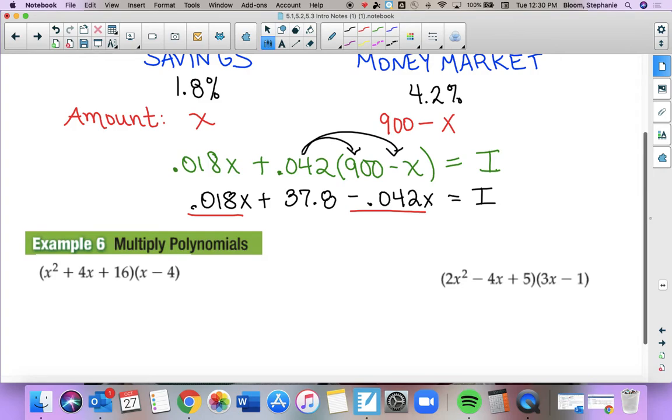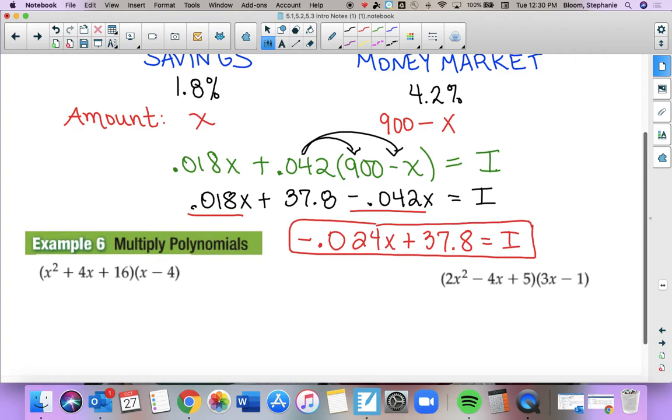Yes, combine like terms. Thank you. And what do we get? And there is my polynomial function for the interest he would earn. Okay?